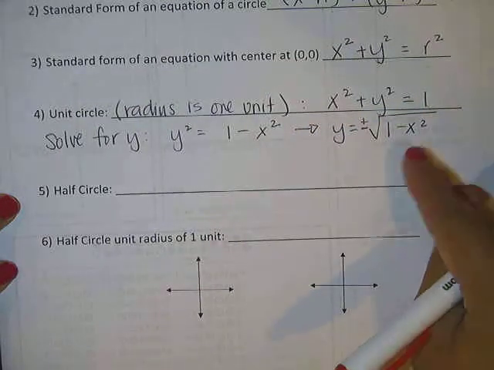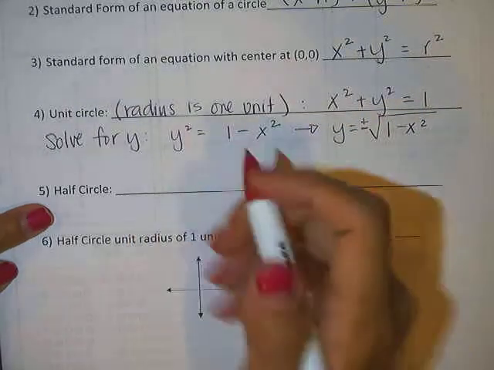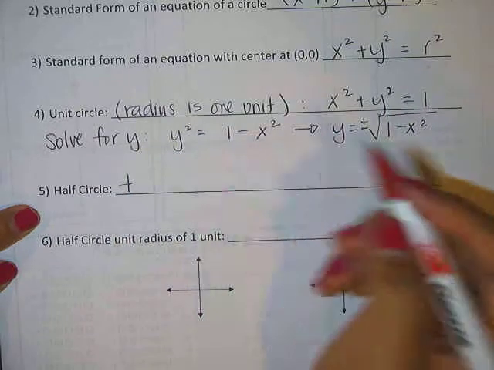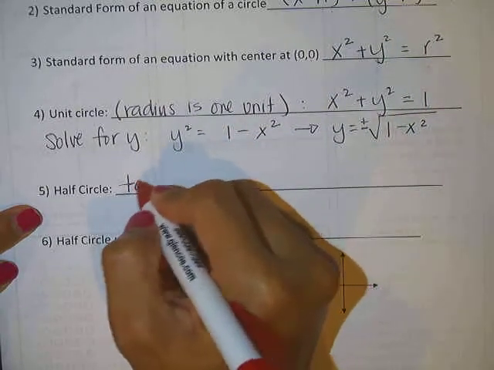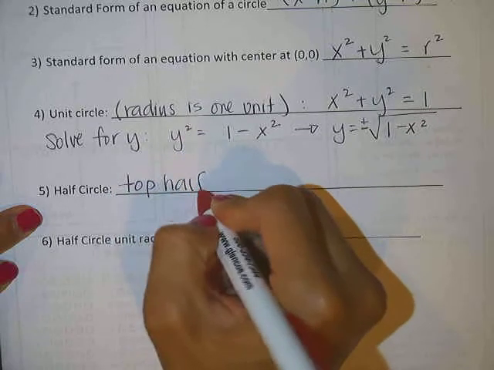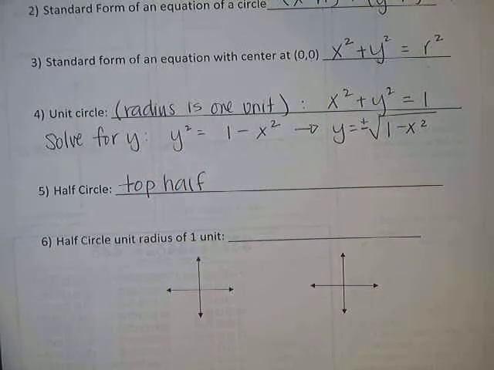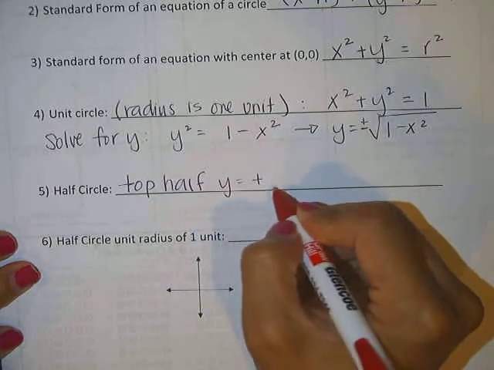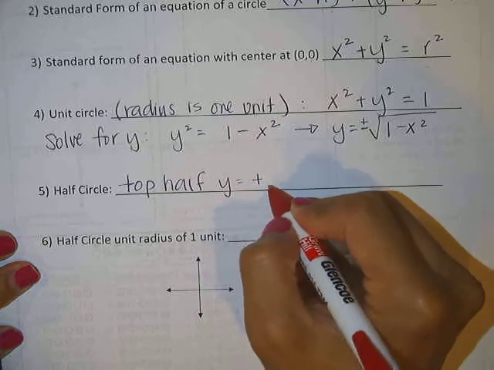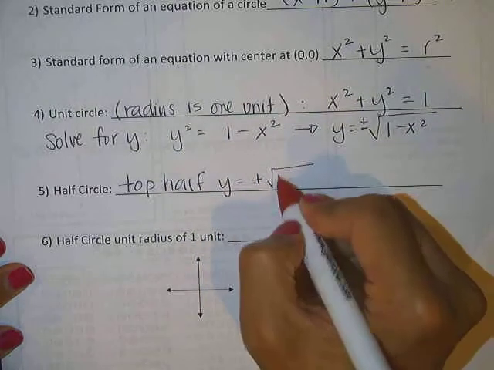Okay, so for a half circle, you can have the top half, which is y equals the positive, and most of the time we don't even need to write the positive, square root of 1 minus x squared.